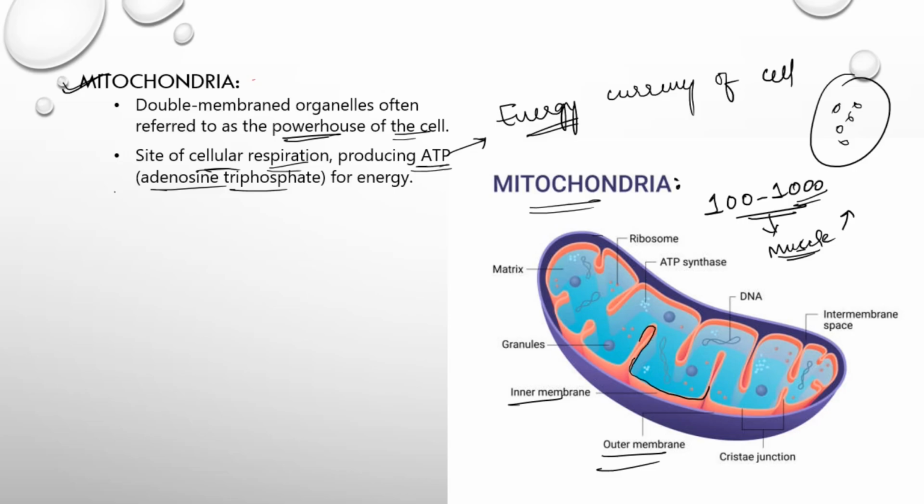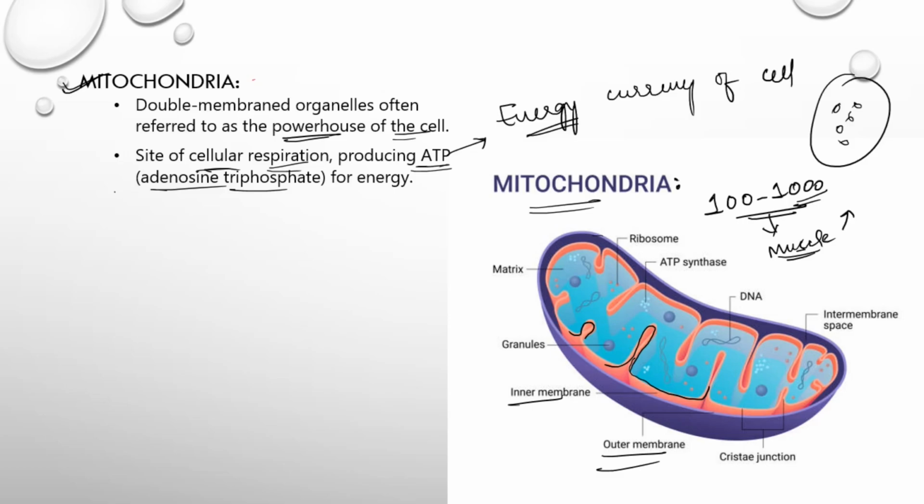In the inner membrane there are these foldings present. Now you may ask, what is the need of these curves? Is it unnecessary? No, because of these curvings the surface area of the mitochondria is increased, and it can provide a large surface area for cellular respiration.